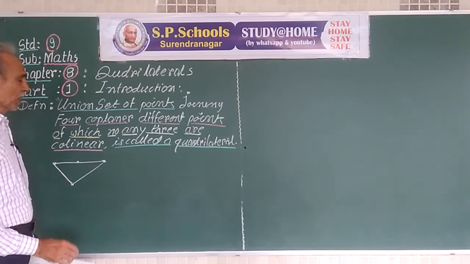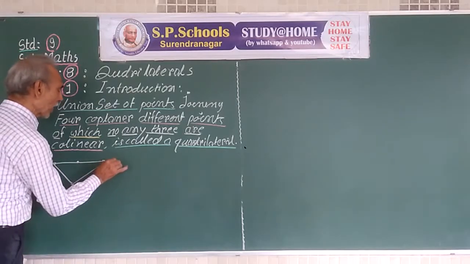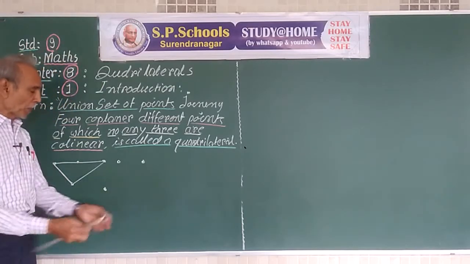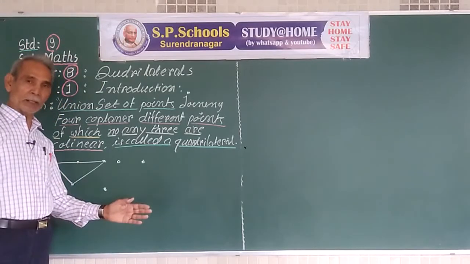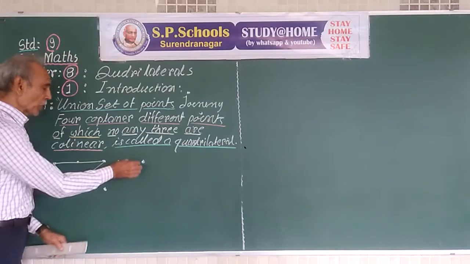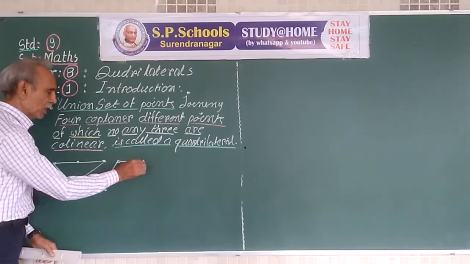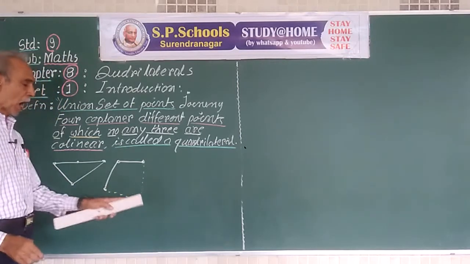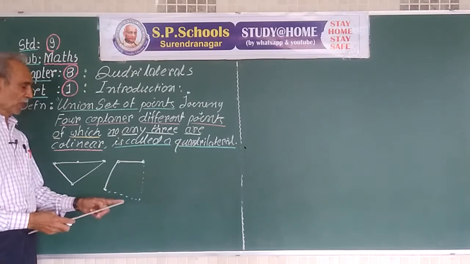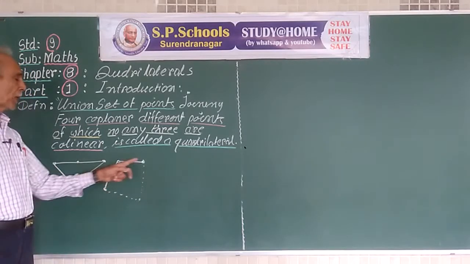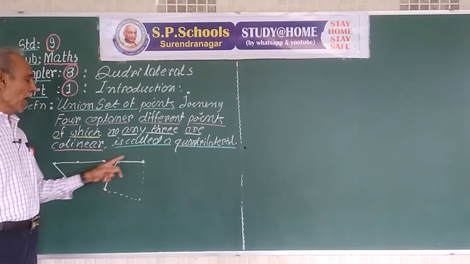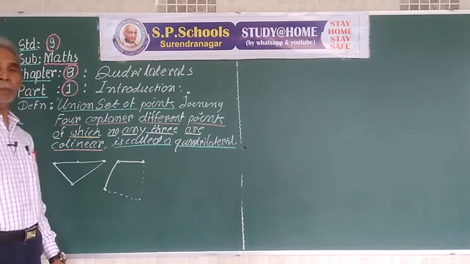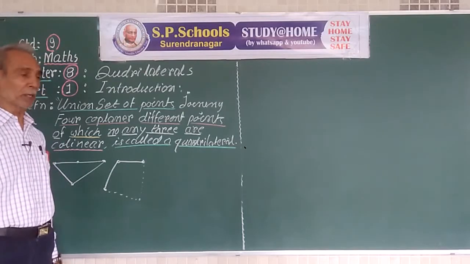Moreover, if 4 points are there, 1, 2, 3, and the 4th point somewhere out of the plane, then joining them, this is also a figure of 4 different points, but all these 4 points are not coplanar, so we cannot call this figure a quadrilateral in geometry.